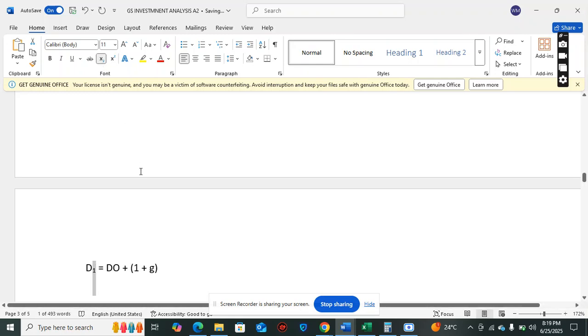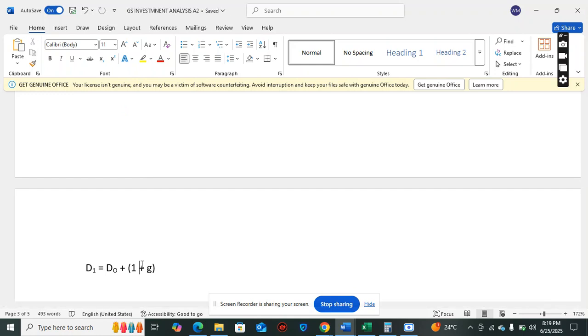D1 represents the expected dividend. D0 represents the dividend that is paid, the previous or earlier dividend. Then G represents the growth rate.